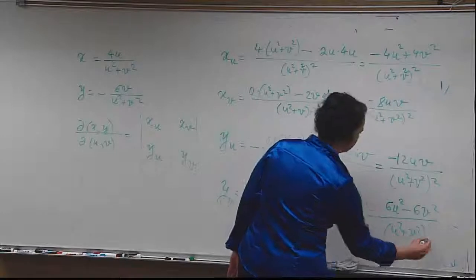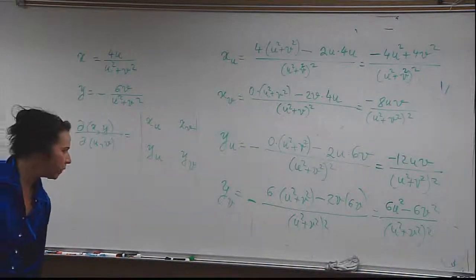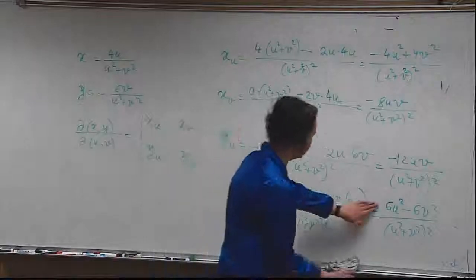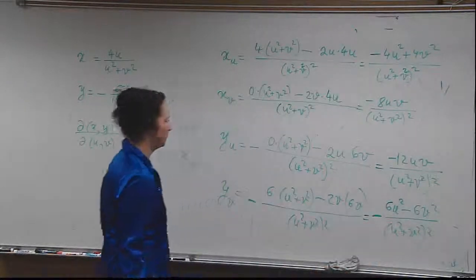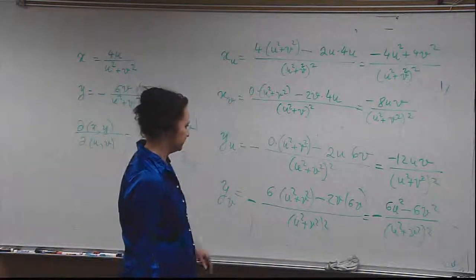You also have the negative sign. What did I do? You need to multiply by negative for y sub u and y. And the minus in front. I didn't copy it. Let me make room for it. Thank you, Nitish. It's also the 12. That's right. It's 12uv because there's a negative in front of it.